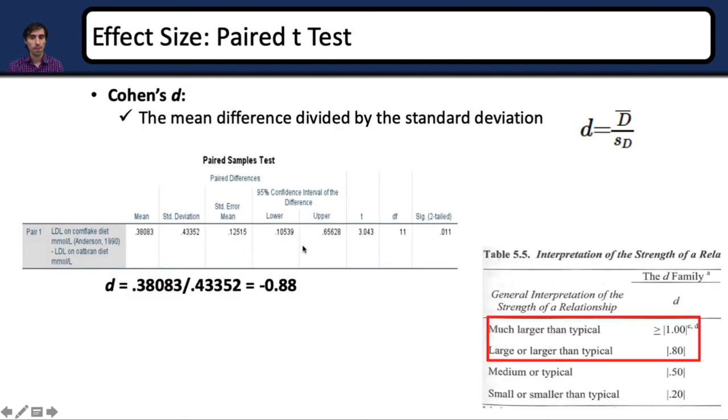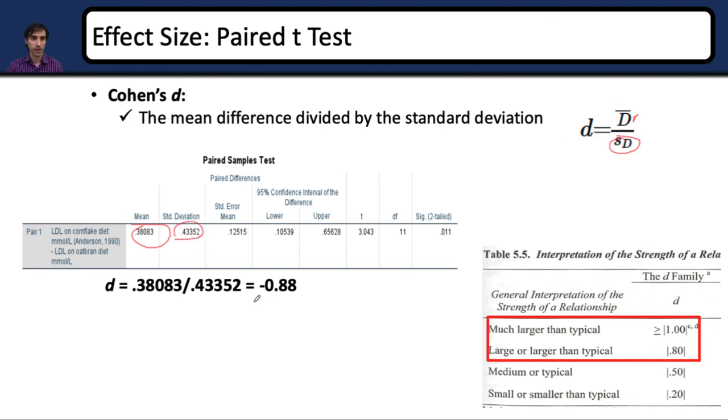All right, going back to that Cohen's d, looking at the effect size, if we were to go back to our little calculation here, which is looking at the difference of the mean, which right here is going to be right here at the very beginning, and divided by the standard deviation.